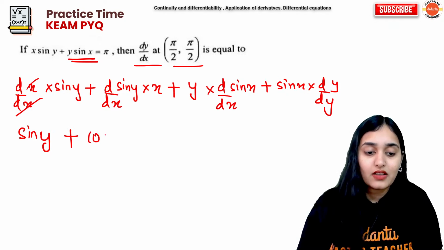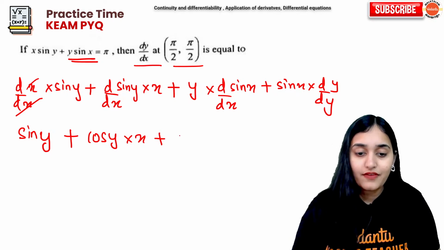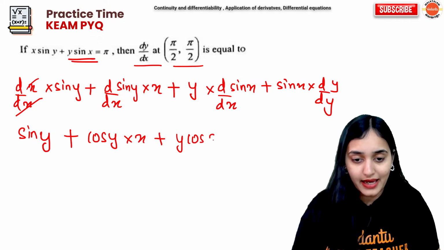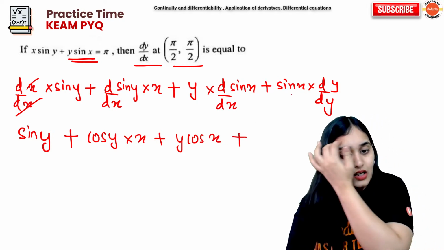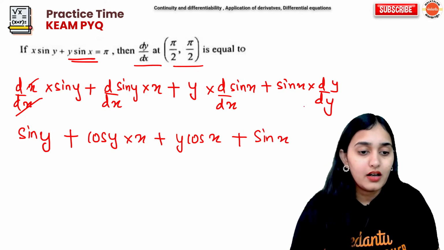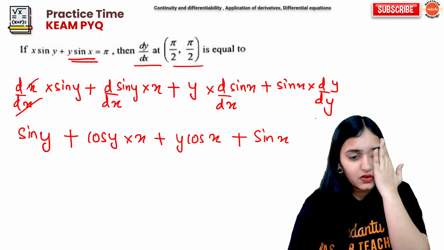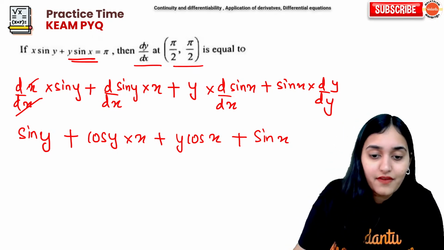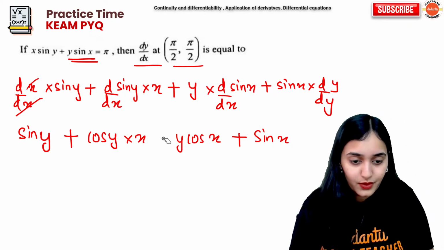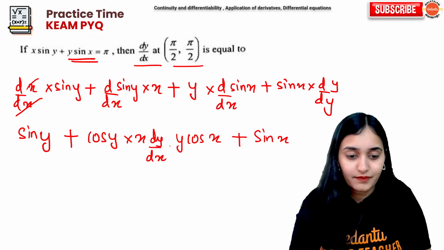Sin y differentiation is cos y into x. Then sin x differentiation is cos x, so y cos x plus sin x, and y differentiation is dy by dx. Here we have differentiated sin y, right? So we will have to multiply here dy by dx.